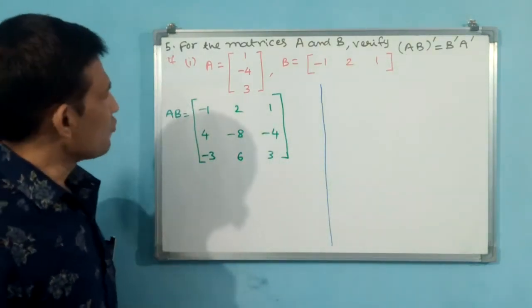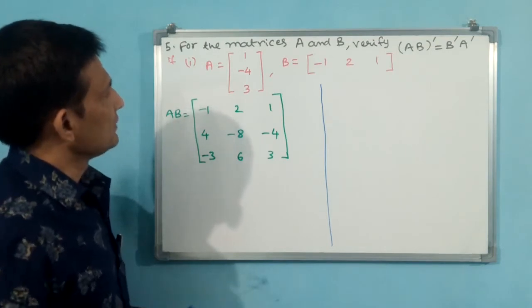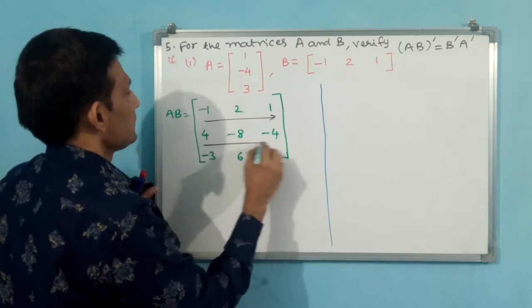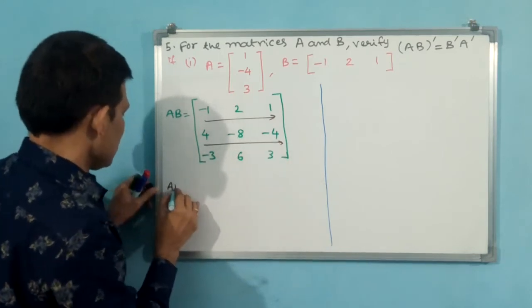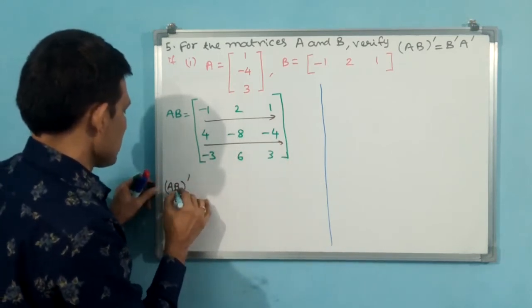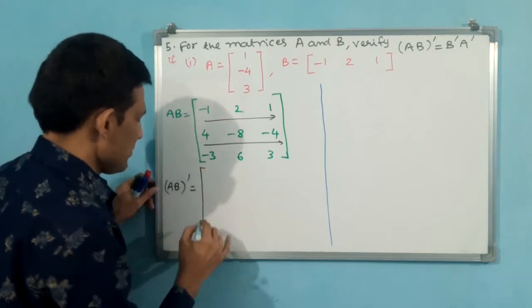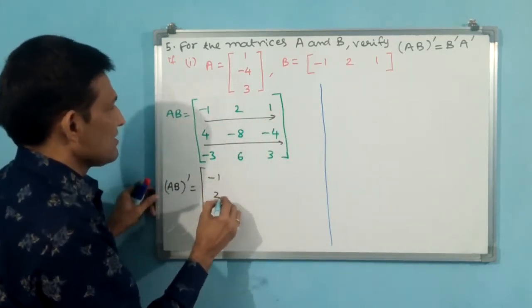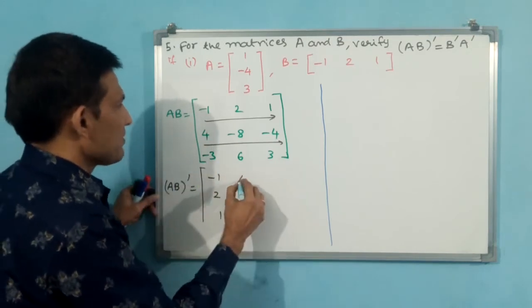Now you put arrows for transpose. Now you transpose. (AB) transpose, or AB whole transpose. Okay, now this row will become a column: minus 1, 2, 1. The second row will become the second column.